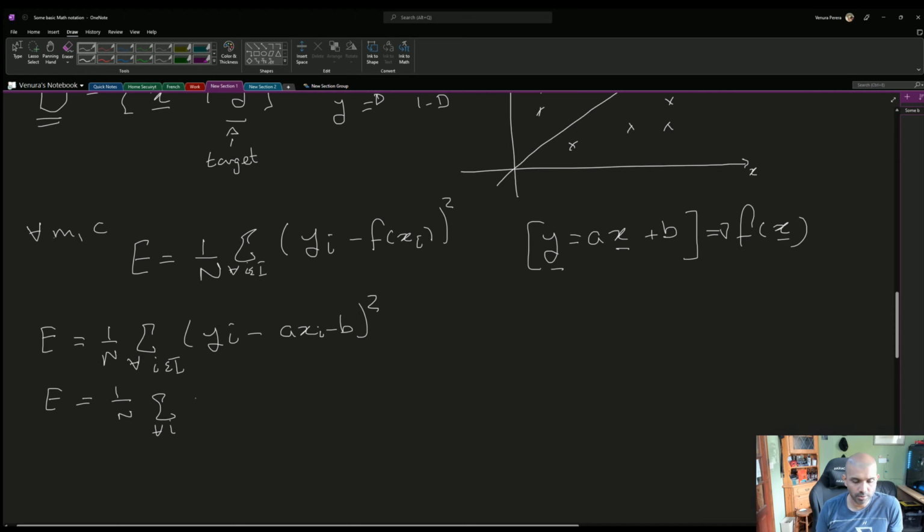We're going to have this squared, so yi squared. That's going to turn into a plus, right? And then plus b squared, and then each one of these terms is going to multiply by the rest of it.